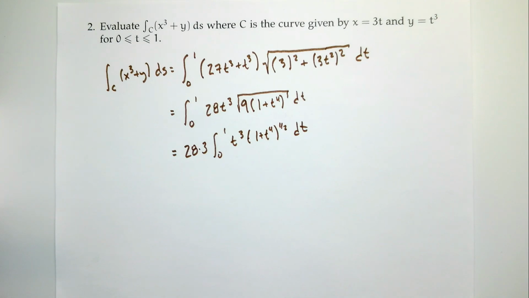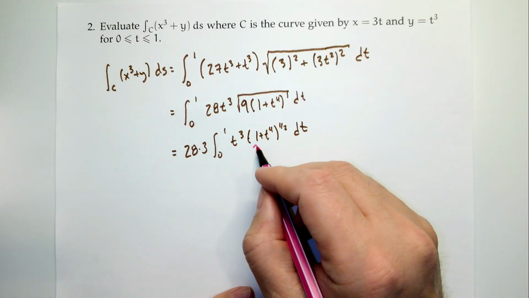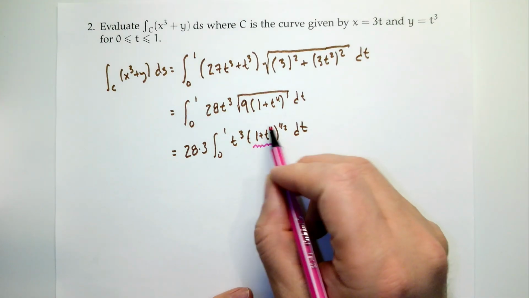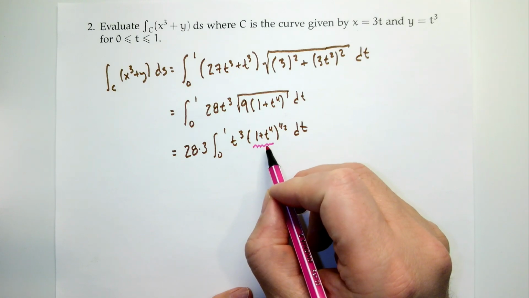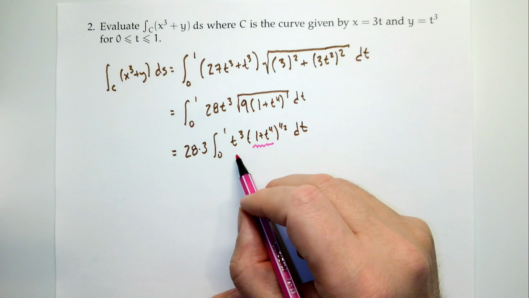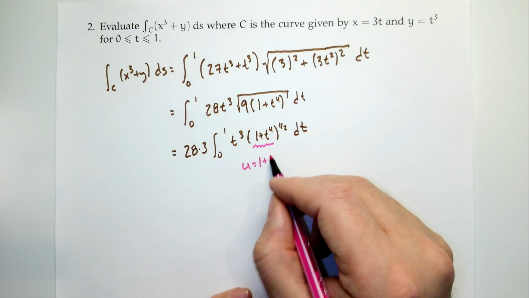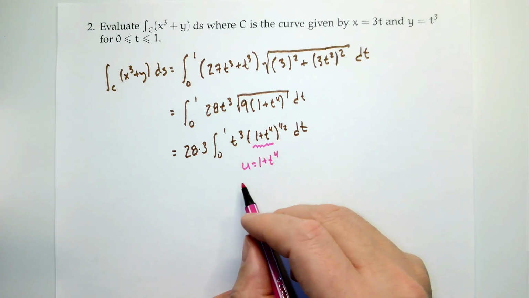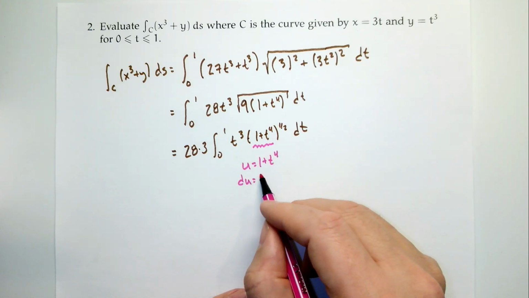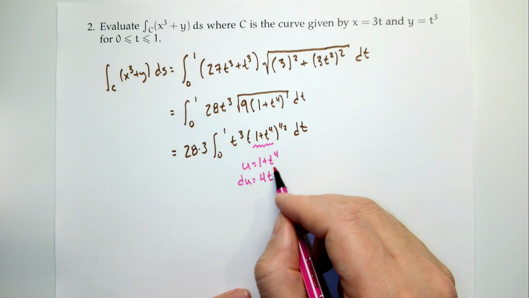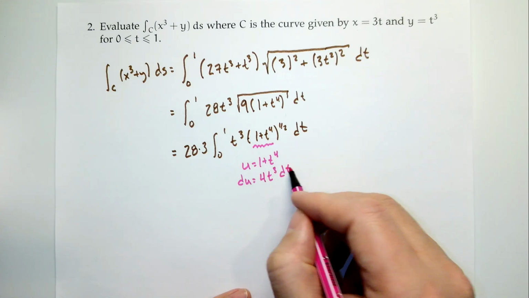Well, the way to make progress, because this is not one of our 10 basic integrals, is to say, well, if I think of this as my inside, the derivative would be a t cubed involved. And there's a t cubed here. So this is set up to work really nicely with substitution.